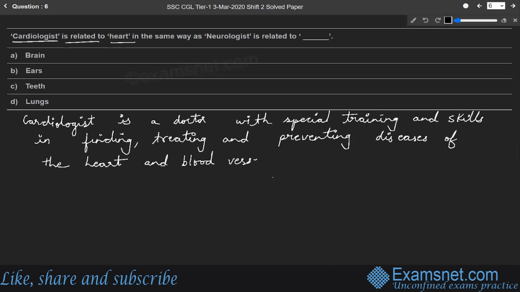So in simple words, cardiologist is a doctor for treating and preventing diseases of the heart, or cardiologist is the doctor of heart.